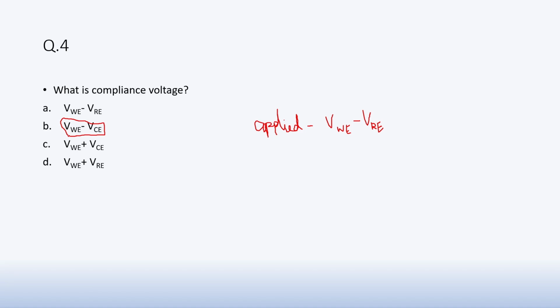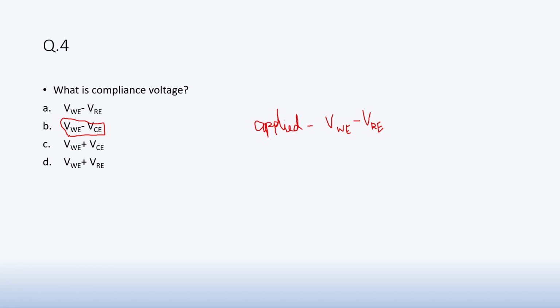For every potential you apply at the working electrode, you can understand how much potential is being applied at the counter electrode. That gives you an insight into the safe working region, beyond which you are abusing the equipment.